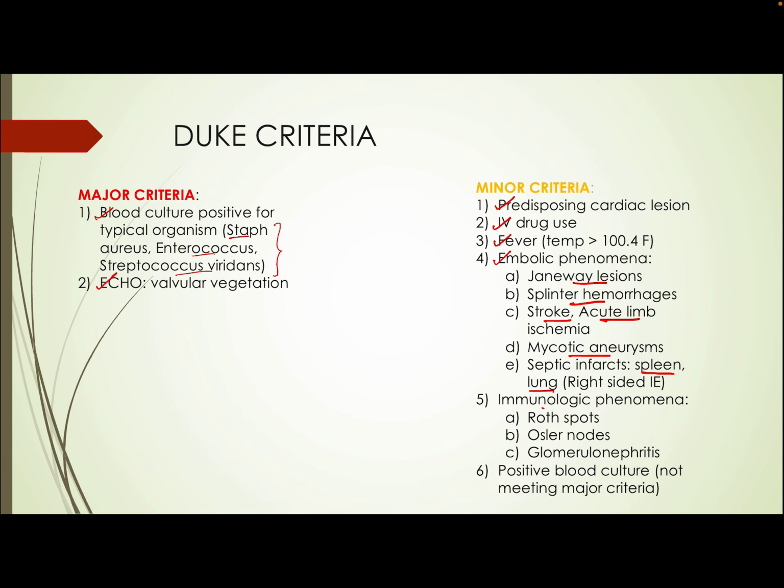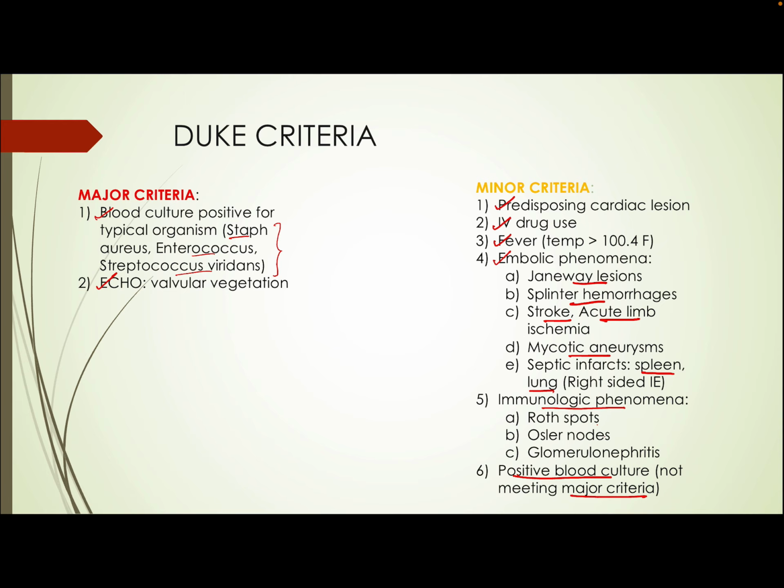Next, the fifth is immunologic phenomena like Roth spots, Osler nodes, and glomerulonephritis. And finally, positive blood culture, but not meeting the major criteria. So this is a blood culture for other organisms, not the typical organisms.